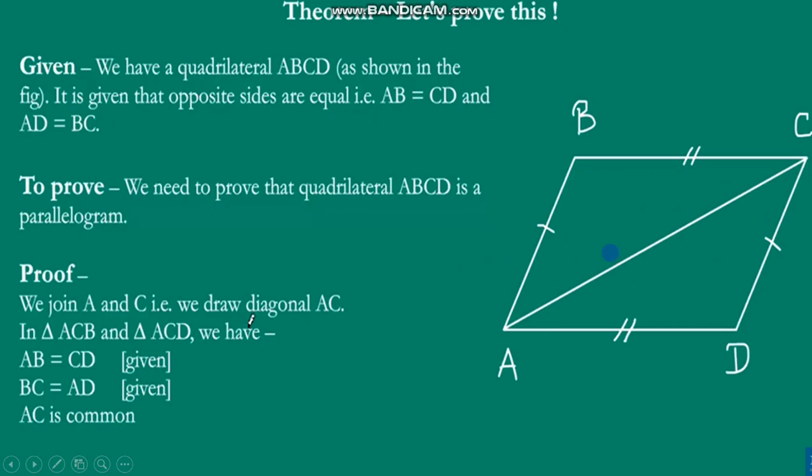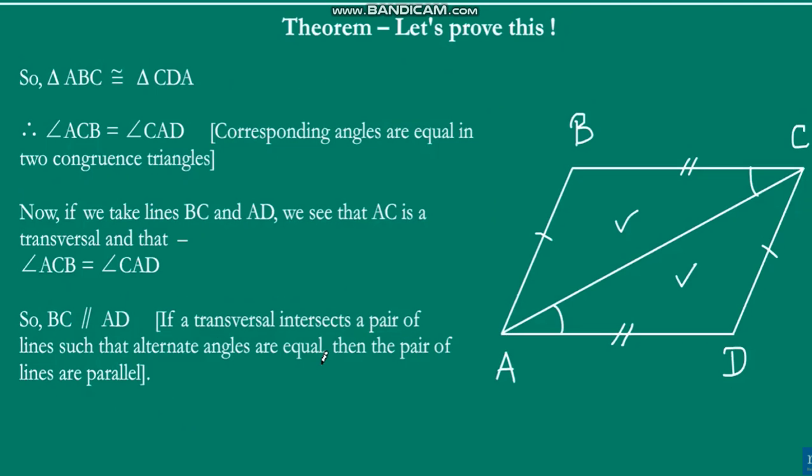In these two triangles, AC is a common side. Then we say that AC is equal to AC because it's a common side of both triangles ACB and ACD. Then triangle ACB is congruent to triangle CDA.